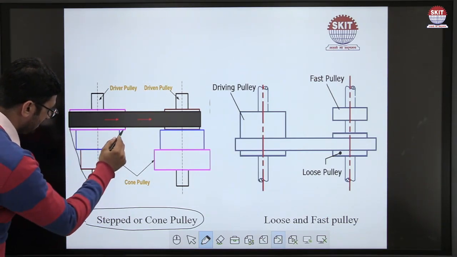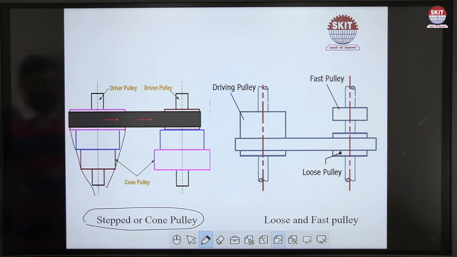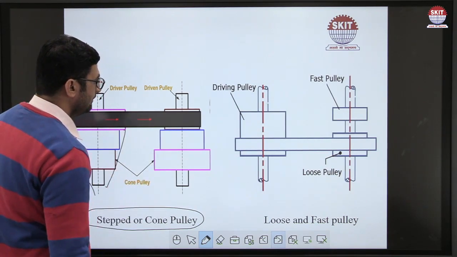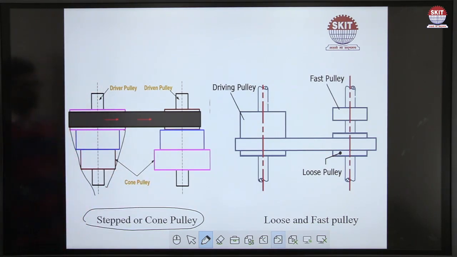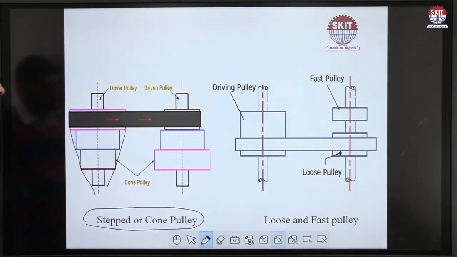If we connect this, then the shape of the outer is a cone, so it is called cone pulleys. These pulleys are used in gear cycles in the back wheel to change the speed of the cycle.